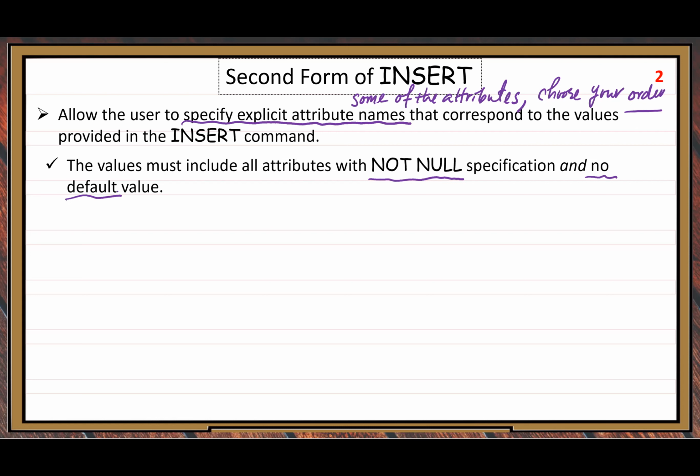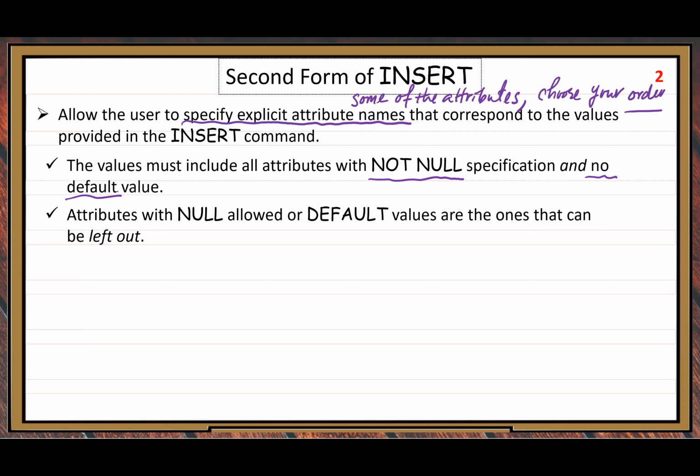If both conditions are satisfied, then when you do the insertion, you have to include that attribute in your list. You cannot skip it. If you skip it, your insert statement will have an error. You can understand this rule by logic. Let's look at another one.